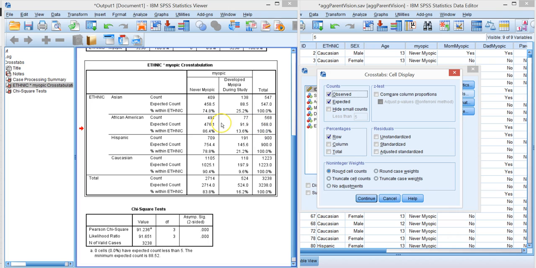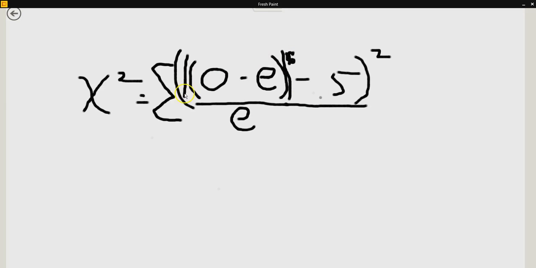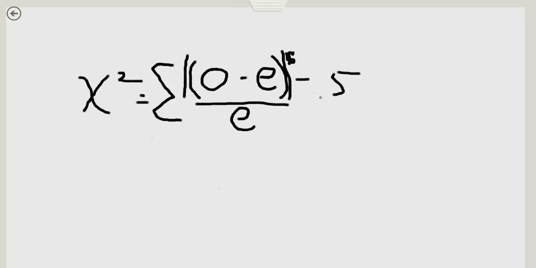Standardized, which is an okay option, and it's easy to kind of understand what standardized residuals are. Standardized residuals are basically just the square root of observed minus expected.